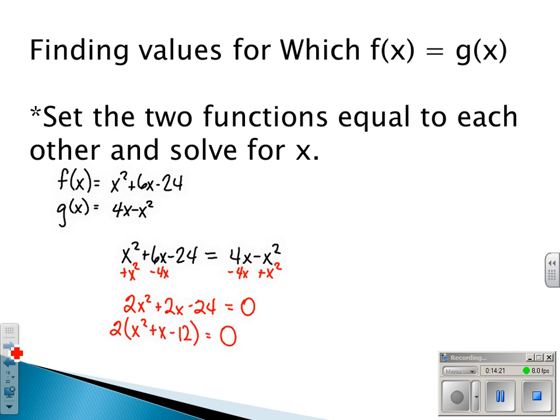Now you're looking at a trinomial that can be factored more. So the x's that we could use that would end up making f of x and g of x equal would be negative 4, we can see from this part, and positive 3 from the second part.